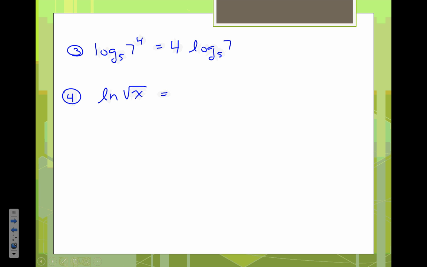And if you recall, roots give us fractional exponents or rational exponents. So that's equal to the natural log of x to the power of 1/2. So now I've got the exponent of 1/2. I can pull it out front. So that gives me 1/2 the natural log of x. You do not need to write this middle step if you are comfortable with just doing the conversion.